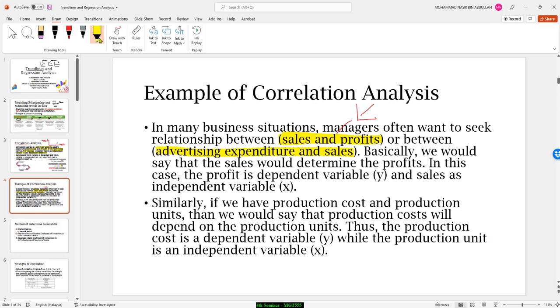So this is the identification of dependent and independent variable. Very important. You need to critically identify what is dependent variable and what is independent variable, right?